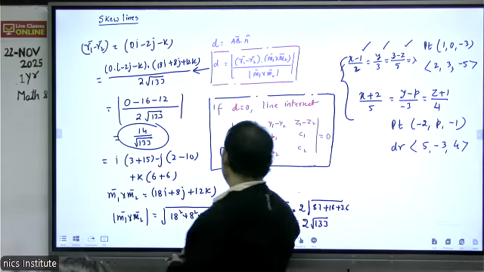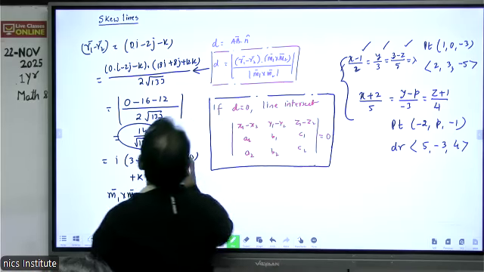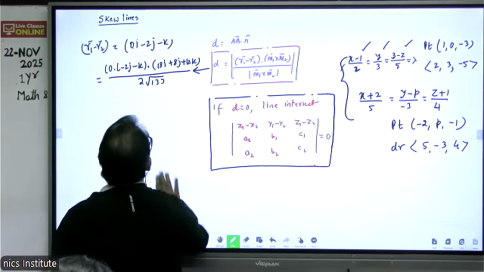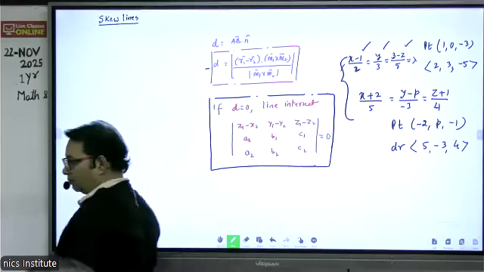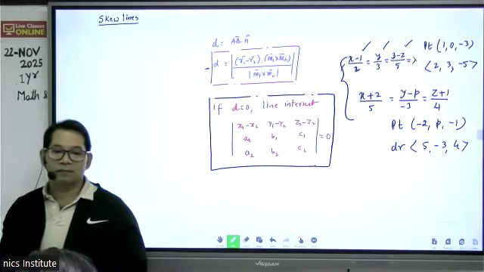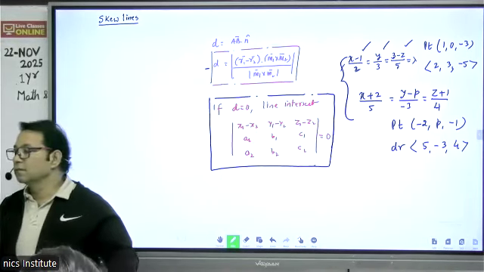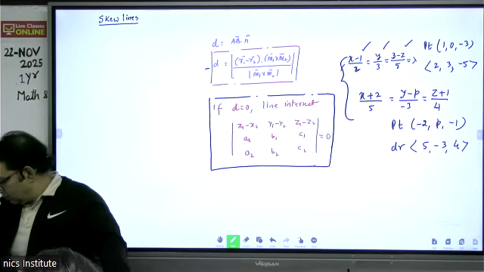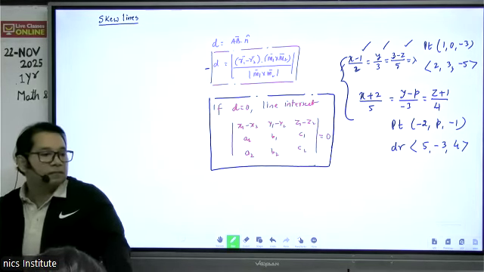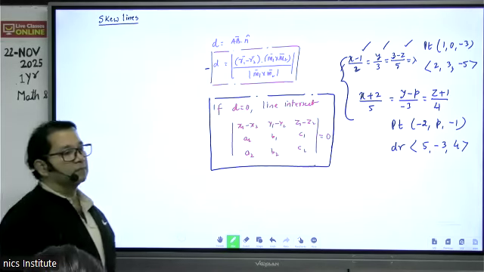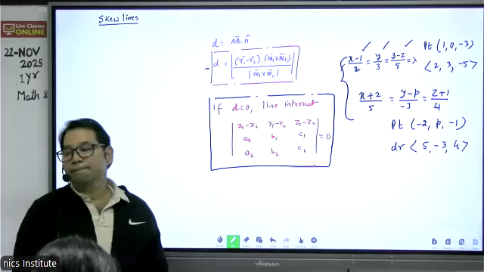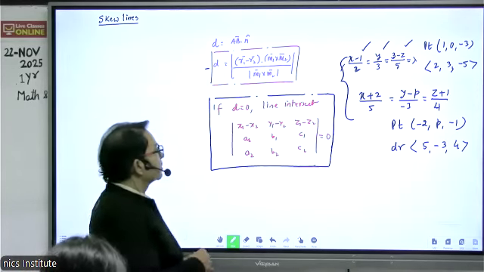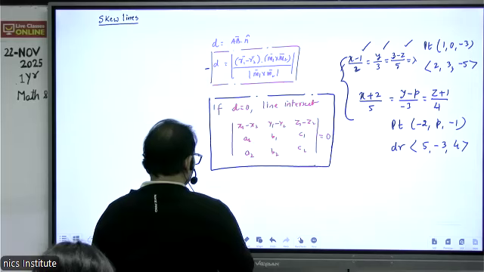Substitute in the determinant, simplify, and that's your answer. Other DRs: A1, B1, C1, they are the DRs.